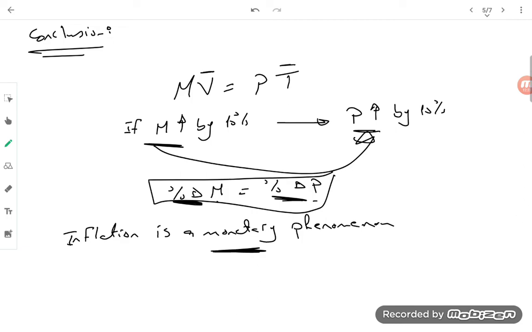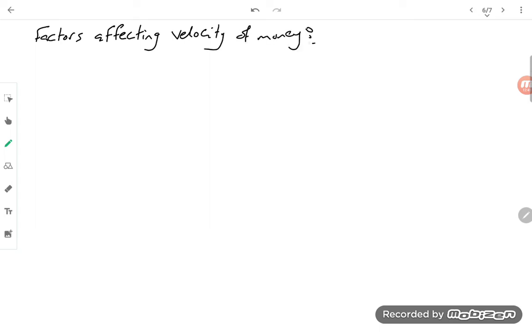What are the factors that affect the velocity of money? Number one, time between receiving and spending money.